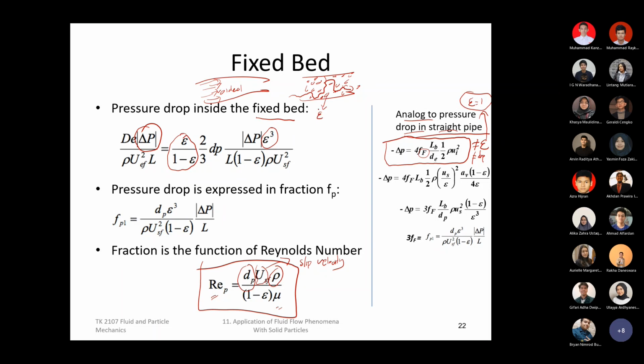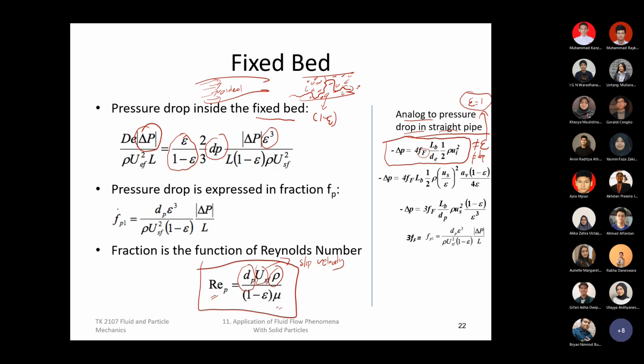I think that's the 1 minus epsilon. So the area becomes less and less when you have more catalyst or more particle inside the system. That's converted by the presence of the epsilon. And of course you have a dp over here because the size of the particle will affect the pressure drop of the system. The rest is similar to how the correlation is used for a pressure drop in a straight pipeline correlation.